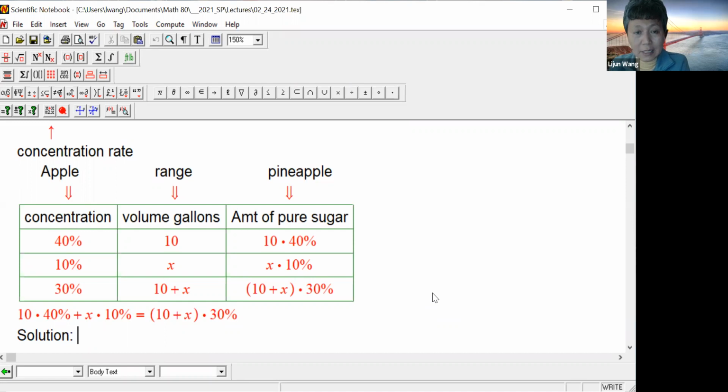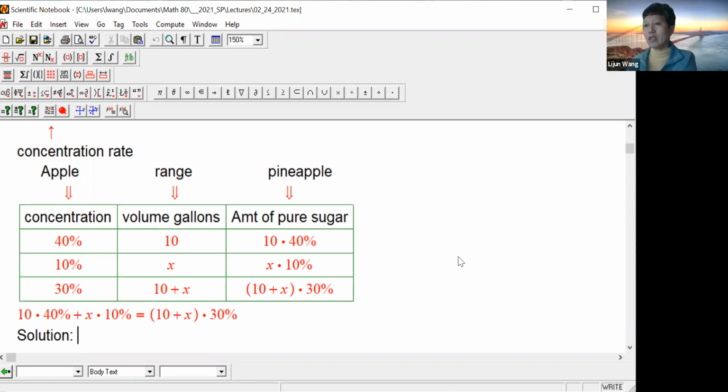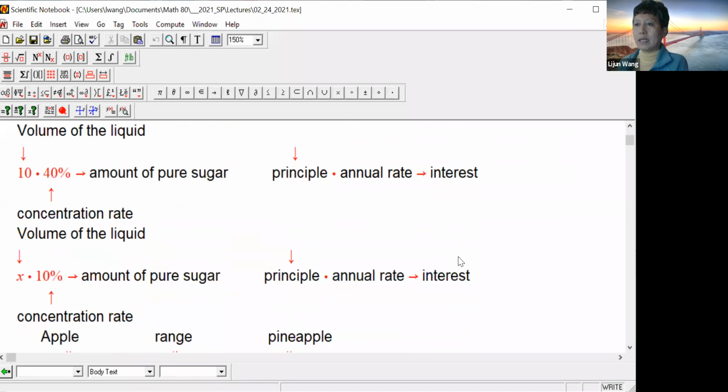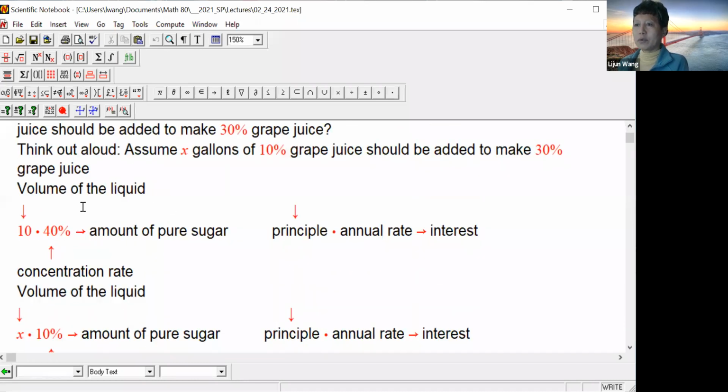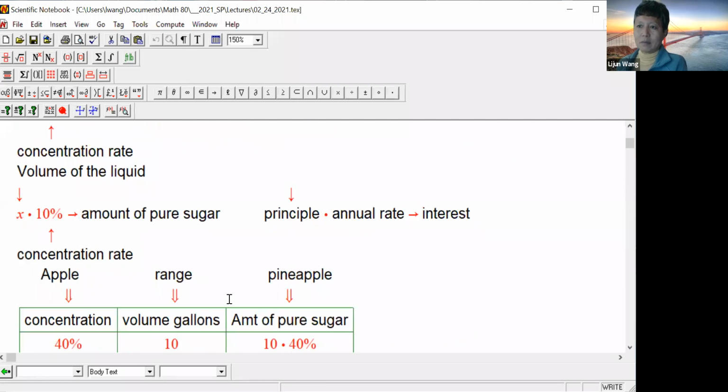So as we proceed, if you have any questions, just stop me, okay? Okay, so now we have done all this analysis from the beginning, right? We have the liquid, how to find the amount of pure substance. It could be sugar, it could be alcohol, it could be anything.